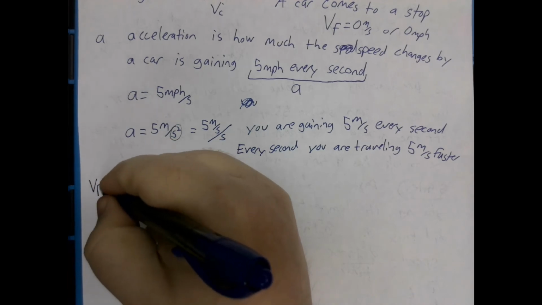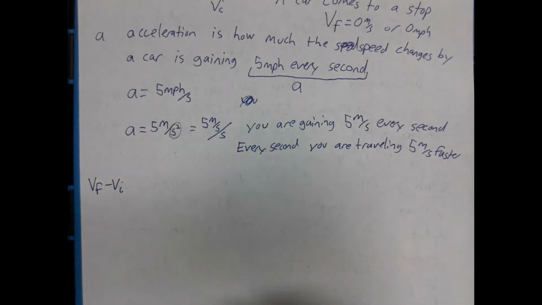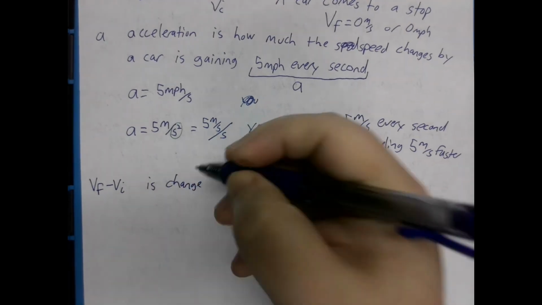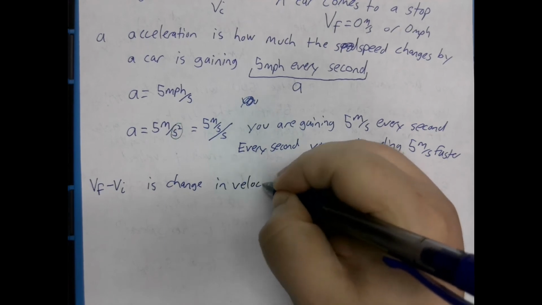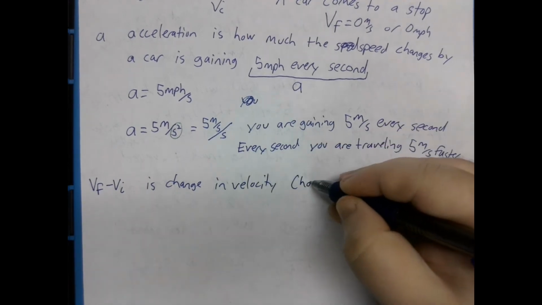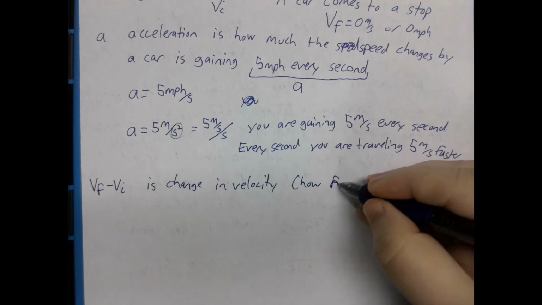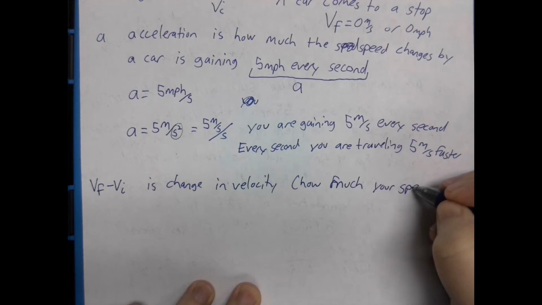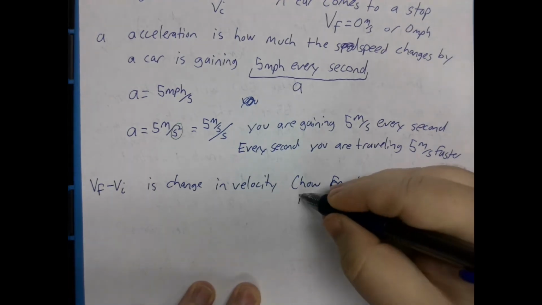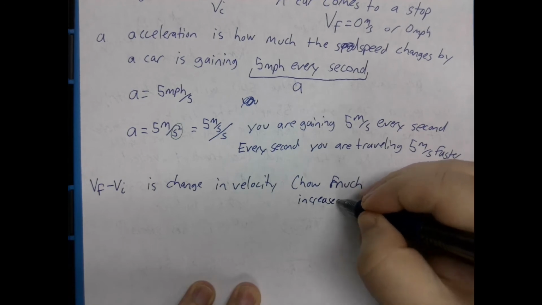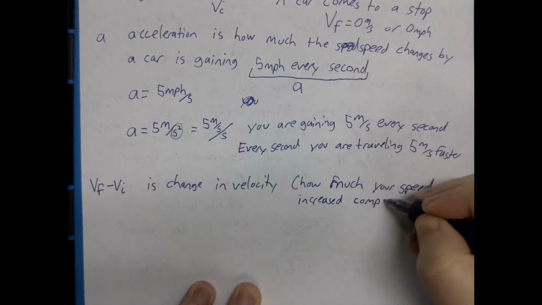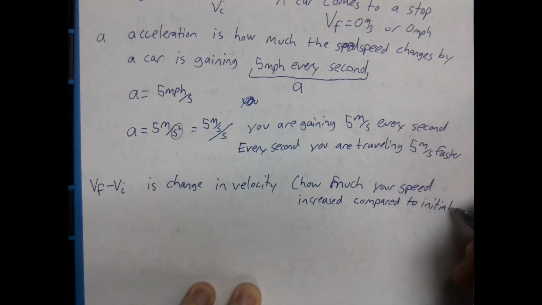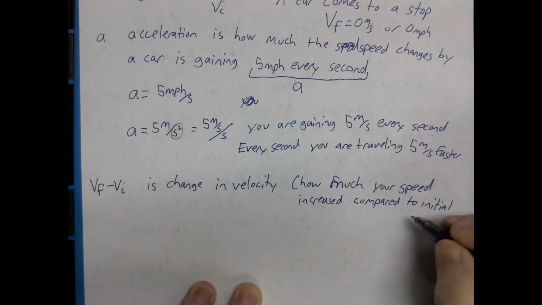Let's look at VF minus VI. VF minus VI is change in velocity. It's how much your speed increased compared to your initial. Initial is our starting speed.